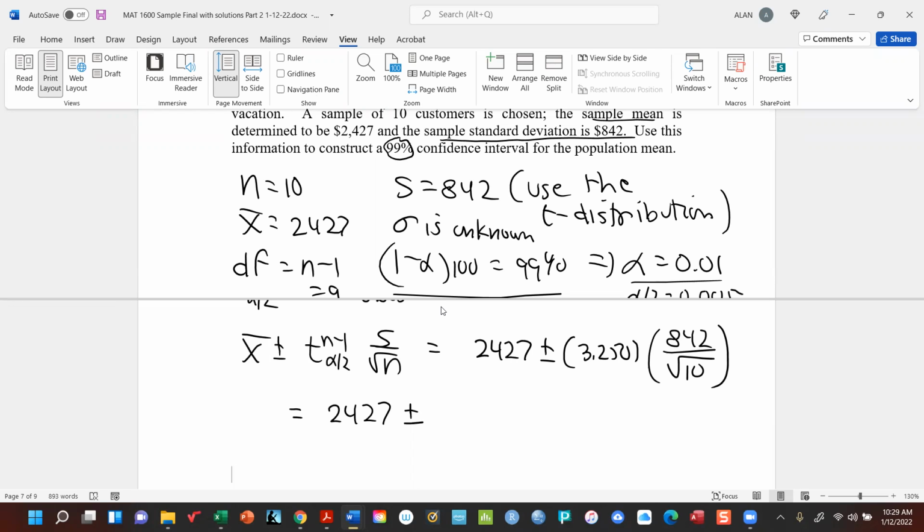So when you do the calculations, let's see. Let's try that. 842 divided by the square root of 10 times 3.25 is approximately equal to, this is also dollars, we can round it to two places, 865.36, let's say.